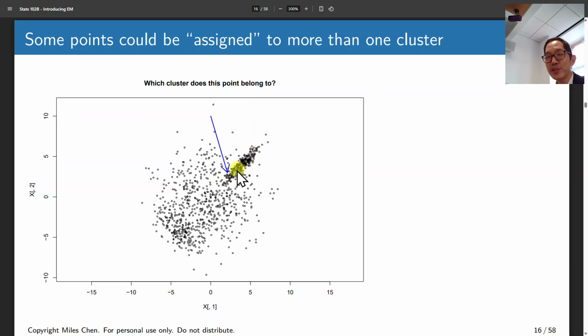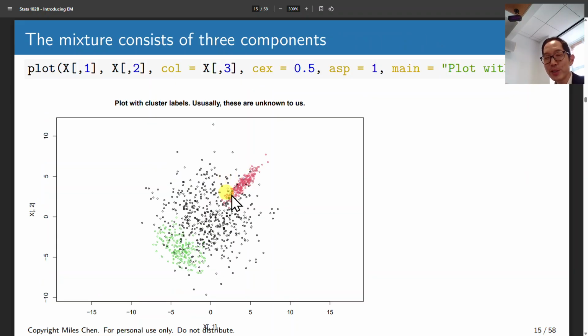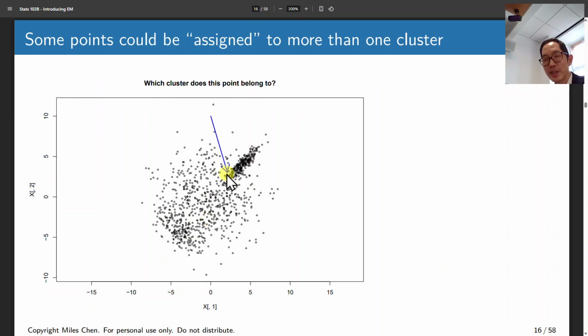Should I assign it to the red cluster, cluster 2, which is centered up here, or cluster 1 in black, centered over here? Like if I have a point right there, because it's kind of on the border, on the boundary here.